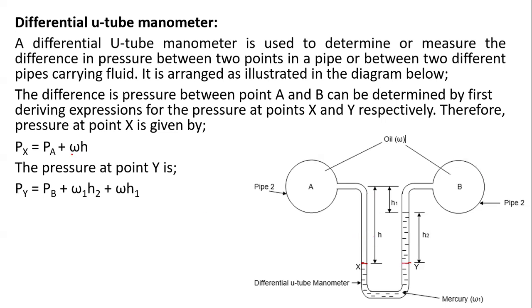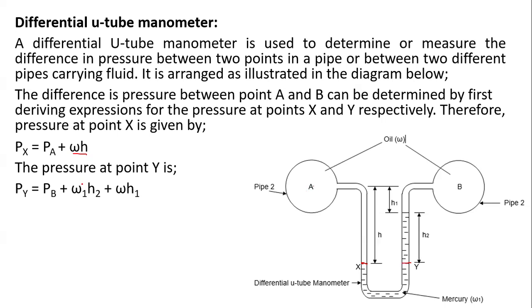In addition to that, this pipe also has pressure acting inside it, which we call the pressure at point A, PA. So the pressure at X, therefore, is PA plus omega H. This specific weight is for this liquid flowing here.